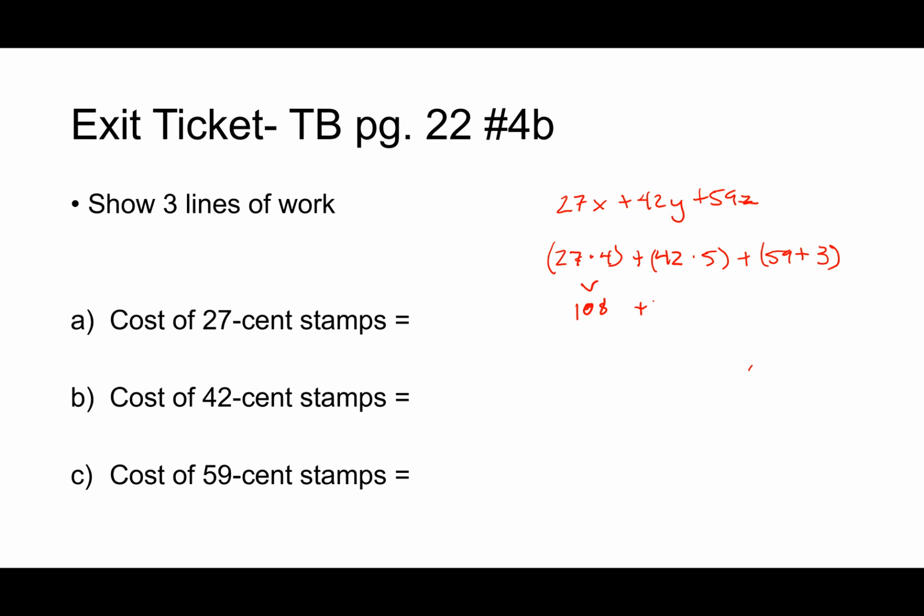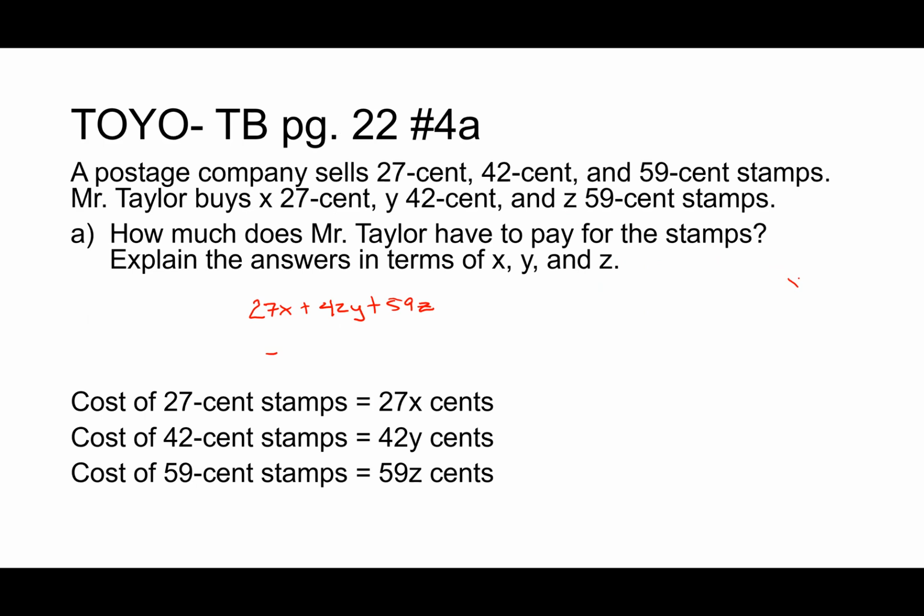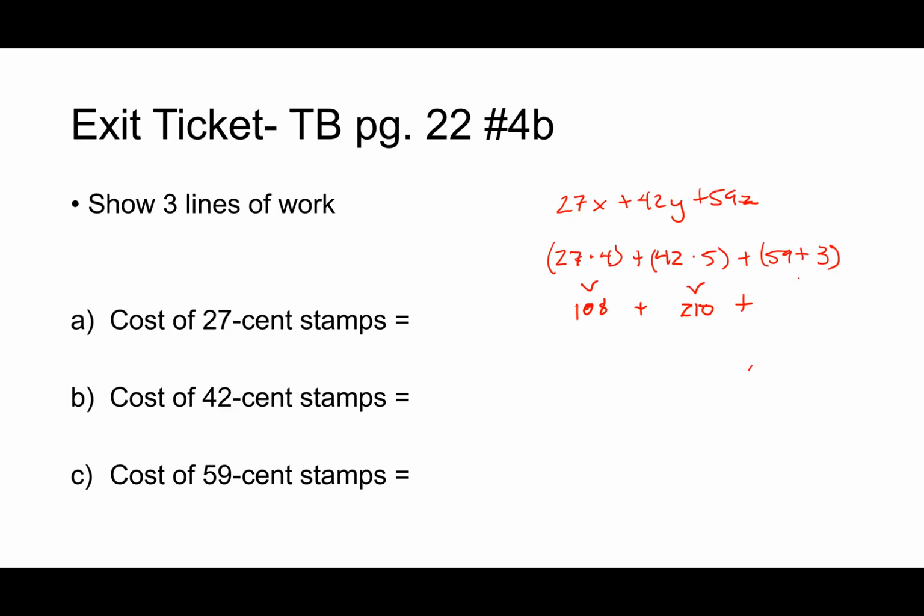I thought I heard 400 for a second there. And 2 times 5 is 10, so we have 210. And 59 times 3. Let's do 60 times 3. What's 60 times 3, folks? 180. And we need to subtract 3 because we only wanted 59 times 3. So 180 minus 3 is 177.